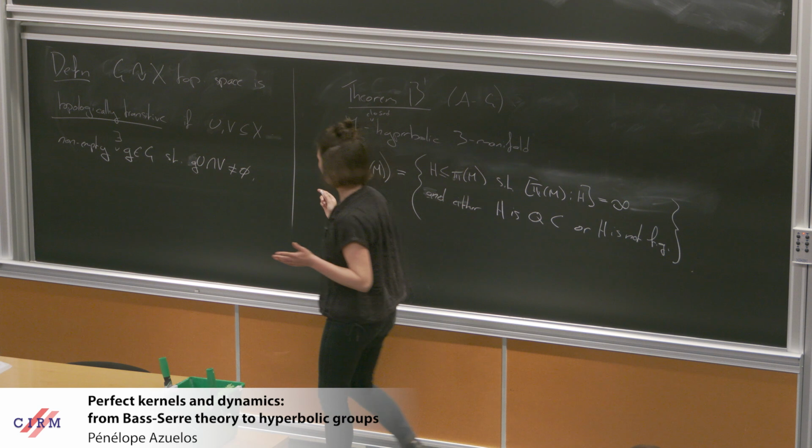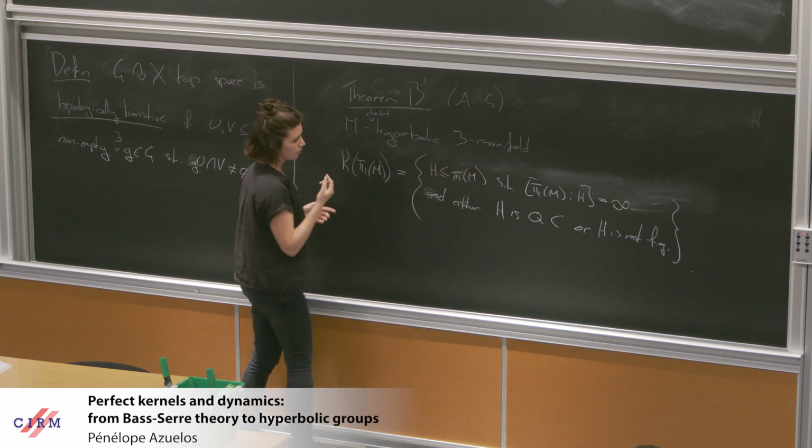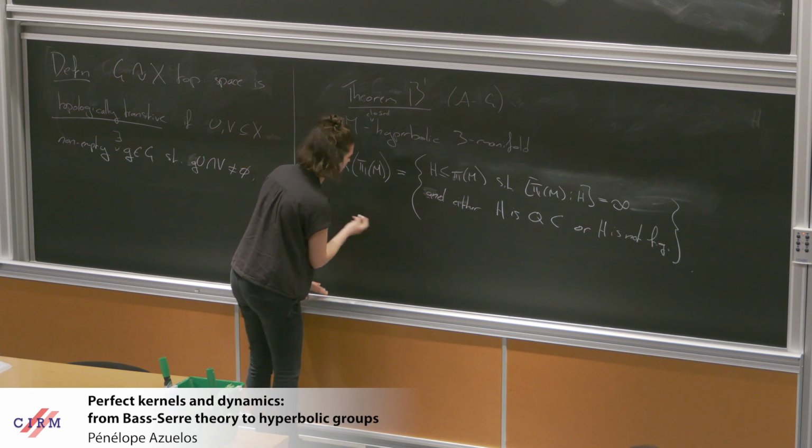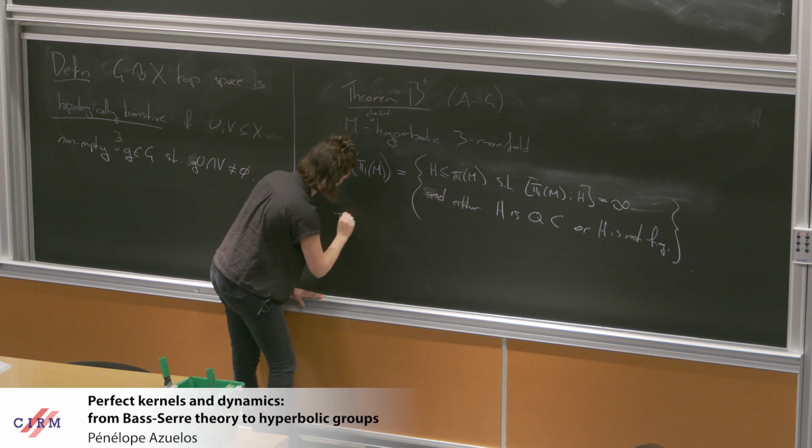Okay, and again, these don't have non-trivial finite normal subgroups, so we again have a topologically transitive action on the kernel.